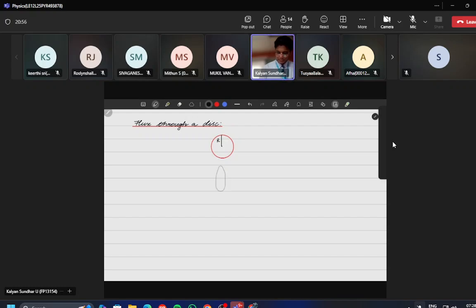So side view வந்து பார்க்கும்போது it looks like this. Now I'm just going to place a charge here which is of Q. Right? And this Q is at a distance of x.